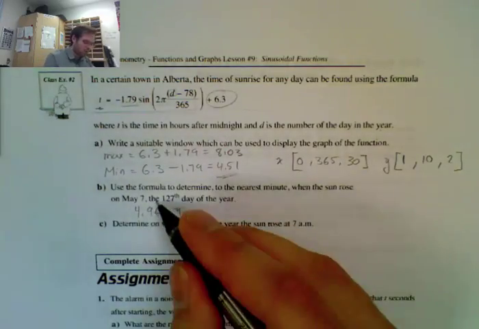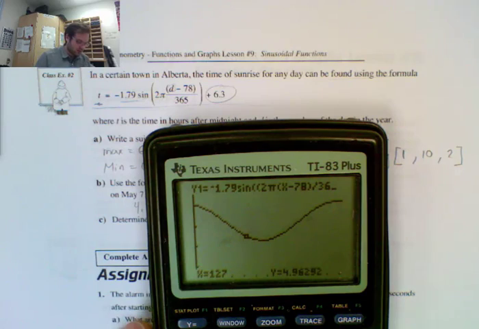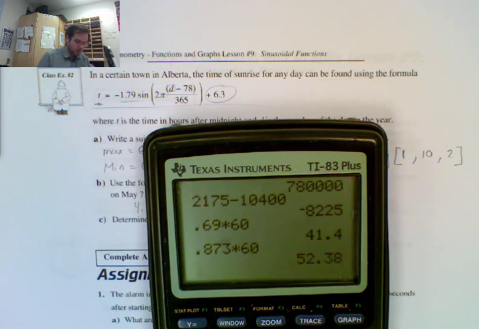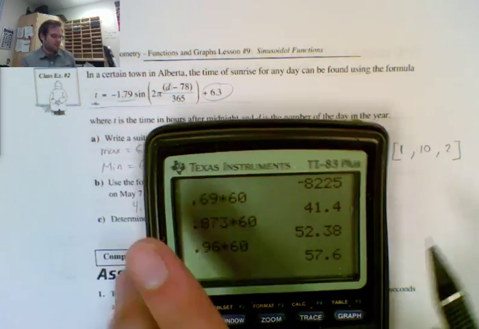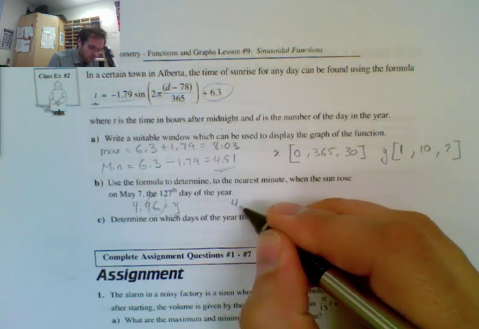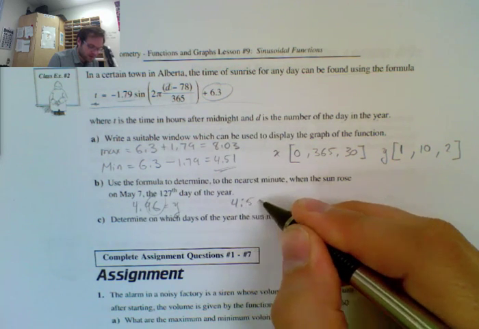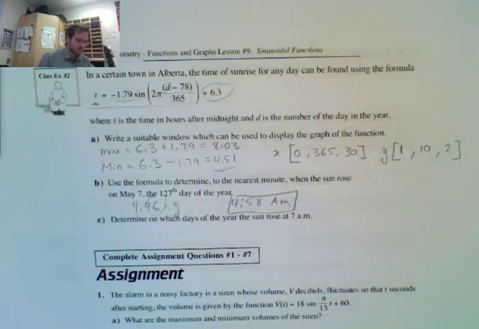Now I have to figure out what 0.96 is in terms of minutes. So I'm going to go second quit, 0.96 times 60 will give me 57.6. So really it is going to be at 58 minutes. So it is going to be at 4:58 a.m. the sun will rise.